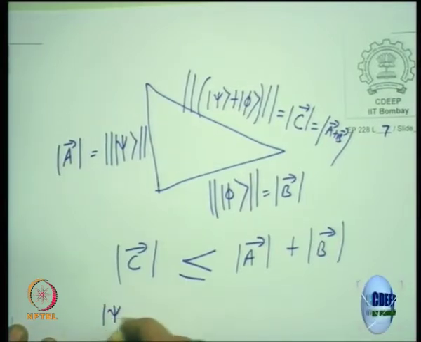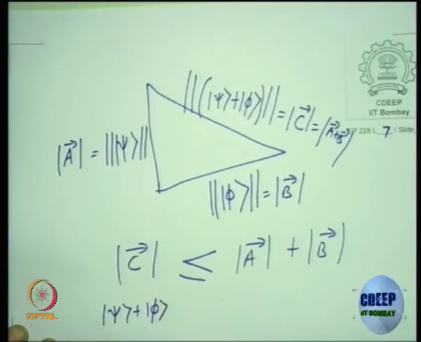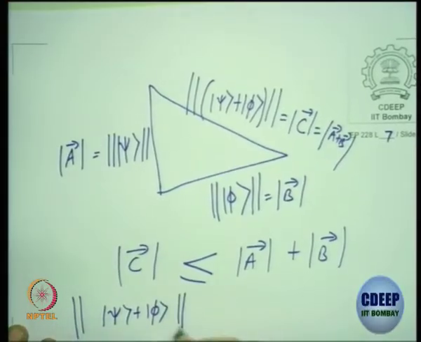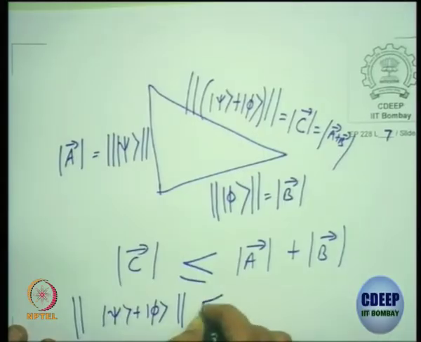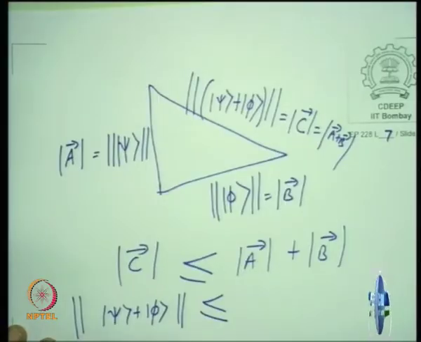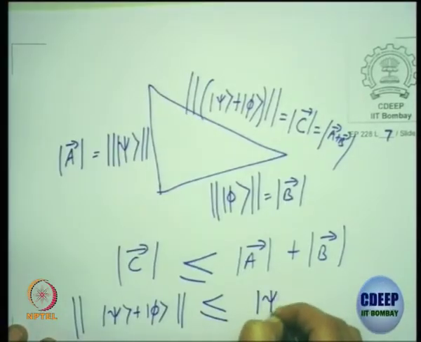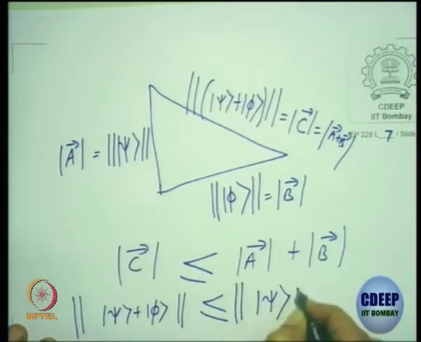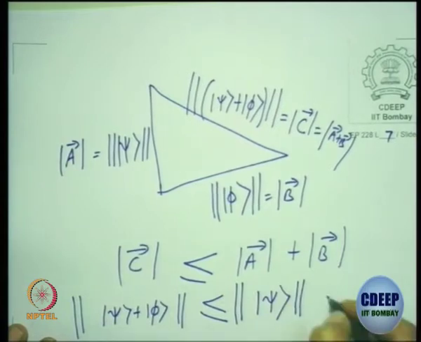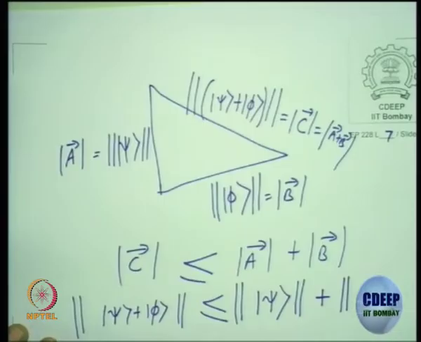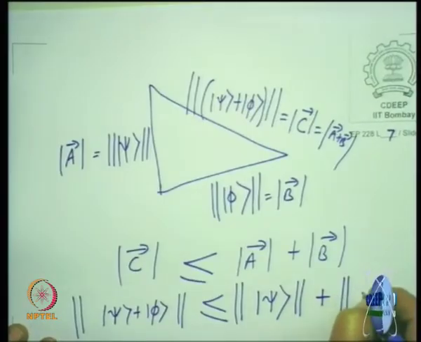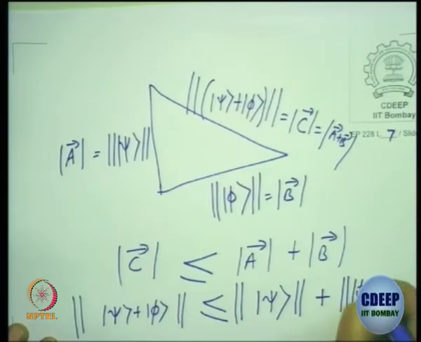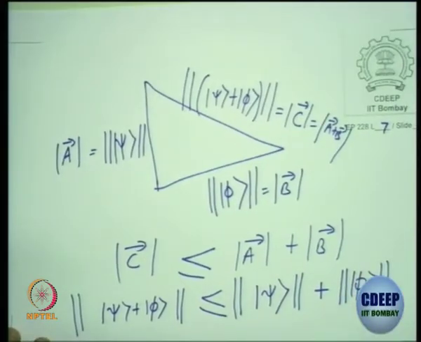If I take psi plus phi and then take the norm of it, that should be less than or equal to the norm of the state psi plus the norm of the state phi, right? This is what we call the triangle inequality.